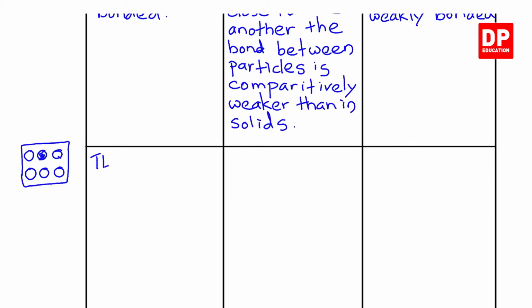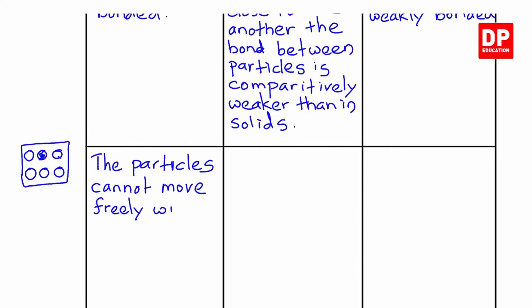So here we can say the particles cannot move freely with respect to the other particles.